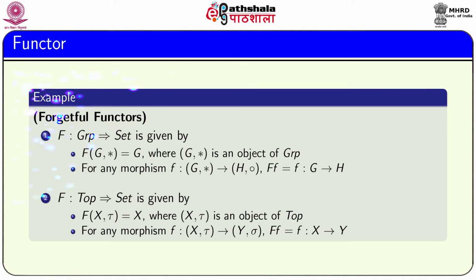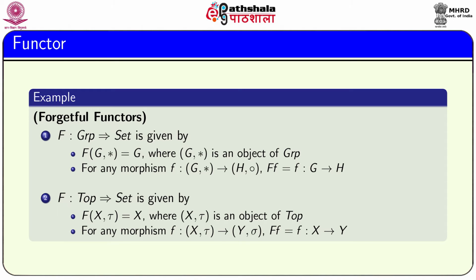Any morphism f from (X, tau) to (Y, sigma) in the category Top is basically a continuous function from X to Y. So, f will be the same f, but it will be the mapping from X to Y ignoring its continuity, as there is no topology on the sets X and Y in the category Set.